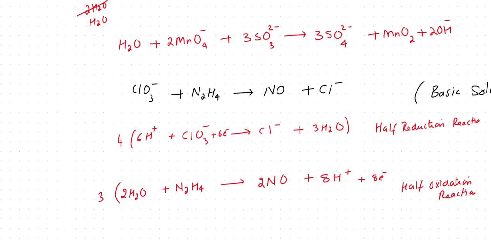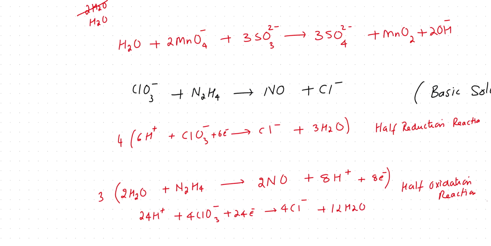So it becomes 6 times 4, 24H+, 4 ClO3 negative, and 6 times 4, 24 electrons, and 4 Cl negative, plus 4 times 3, 12 water molecules. And this equation you multiply by 3.